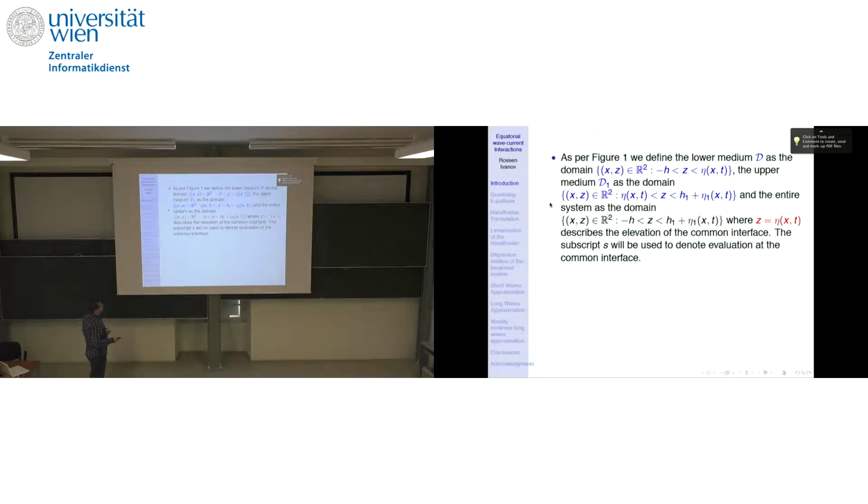Okay. So the two domains: the domain above the thermocline or pycnocline, which is here, is D1, and this is just D. And the quantities here have subindex 1, and here they don't have any subindices.